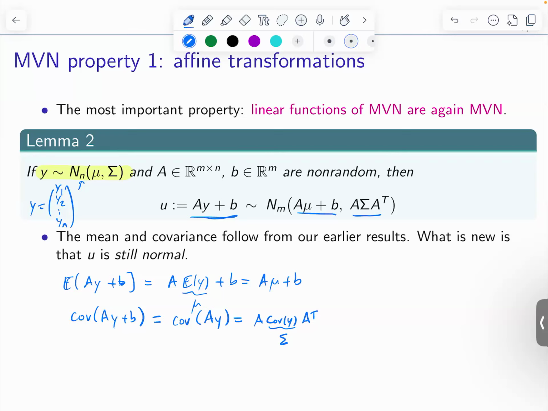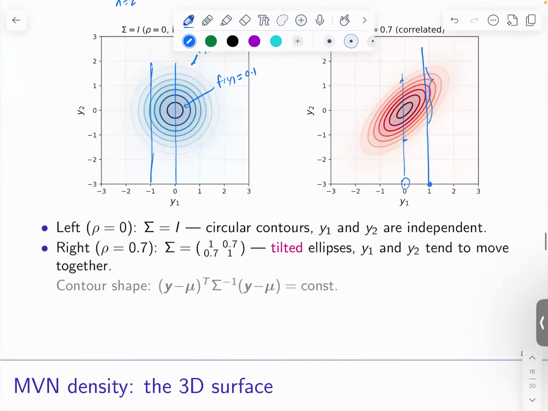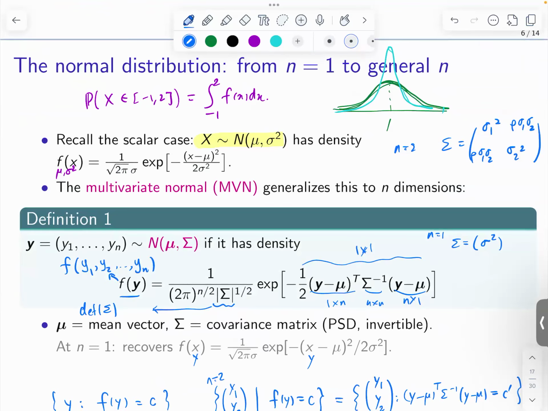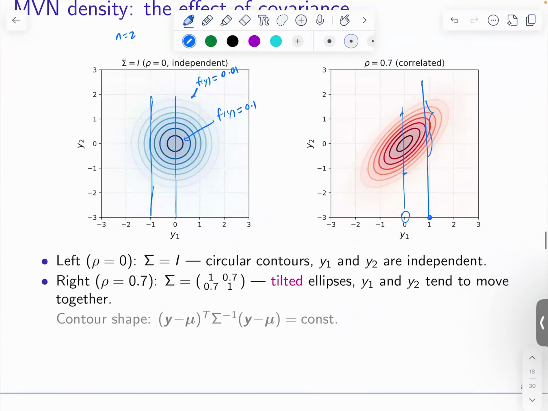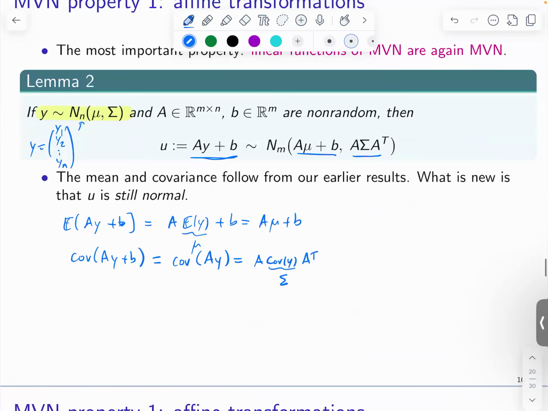In order to prove this result, you have to calculate the density of this and then show that the density looks like the formula with the new mean and covariance matrix. To do that, you need to know how to transform densities.